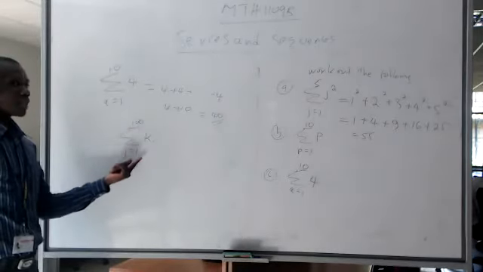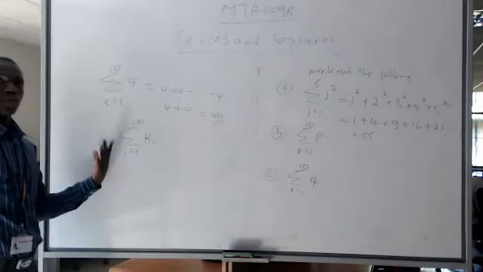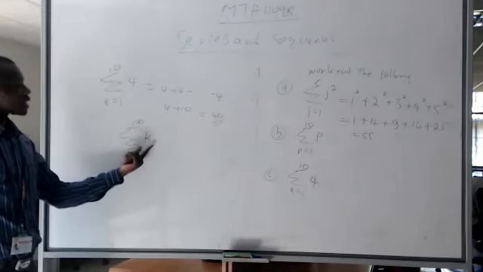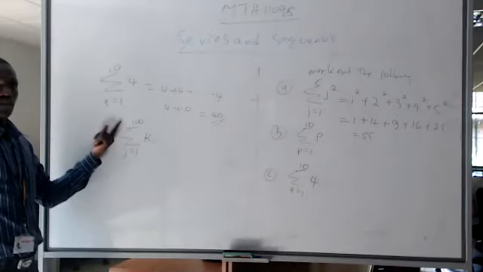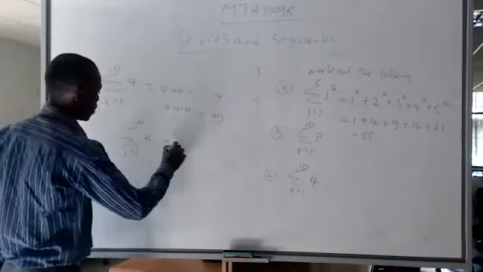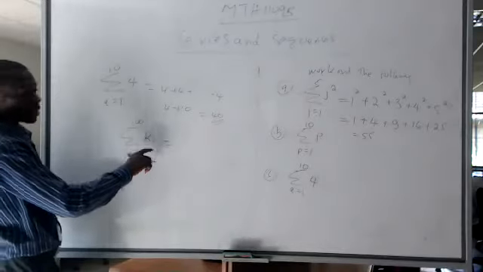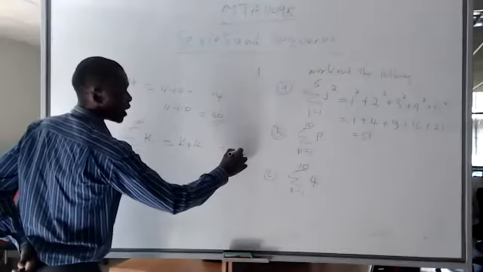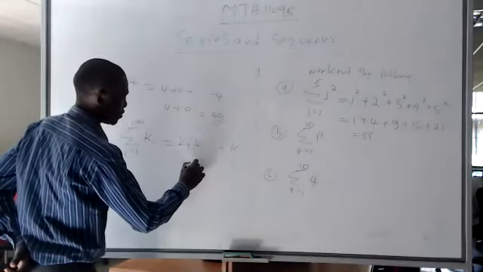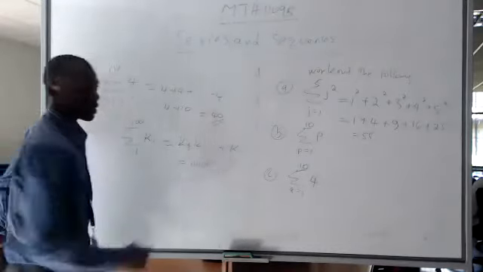So remember, k and j have no relation. k is a constant, j is the variable running from 1 to 100. So in this case, you will add k 100 times. So k plus k all the way up to 100. This gives you 100k.